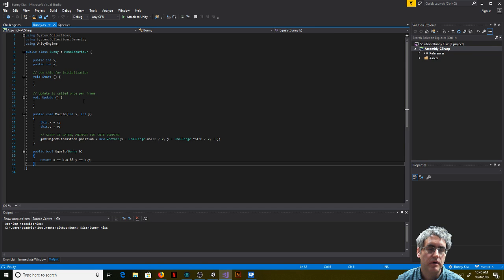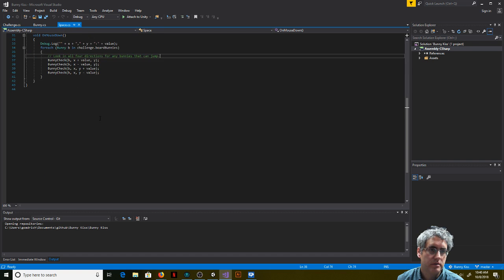Who is doing what here? We've got a bunny, and when it says move here, it just immediately goes there. We know that two bunnies are in the same spot if they have the same X and Y coordinates.